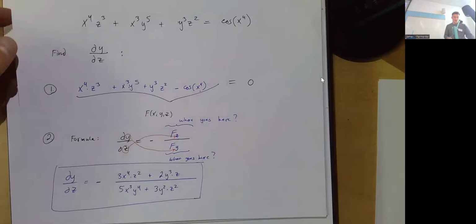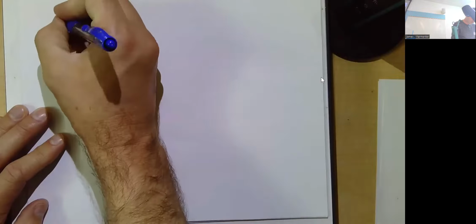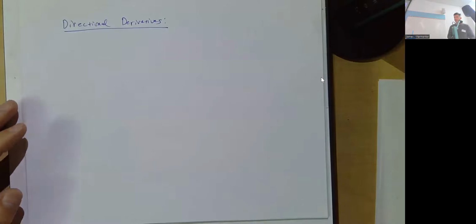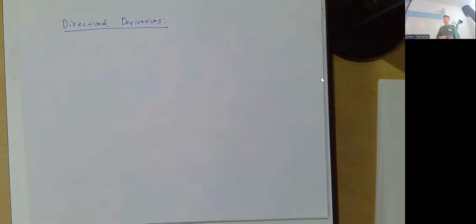Let's move on to talk about directional derivatives. So we have already talked about a couple directional derivatives. The derivative in the direction of x and the derivative in the direction of y. The partial derivatives we've been talking about are directional derivatives.